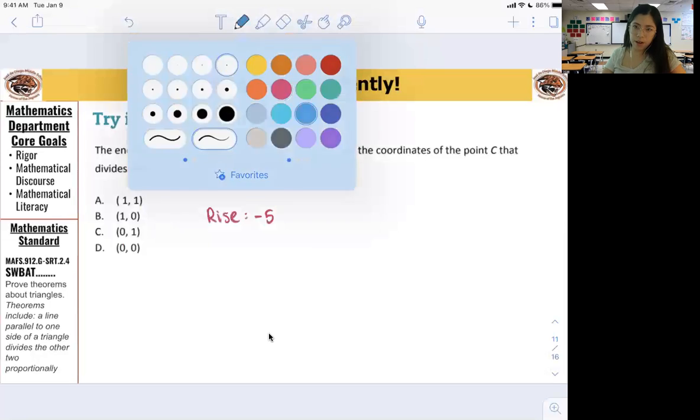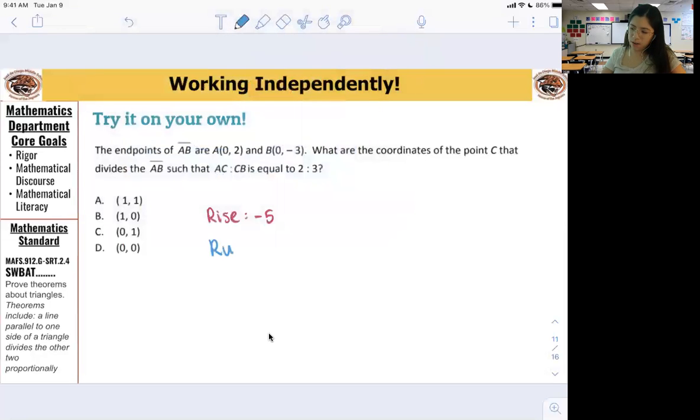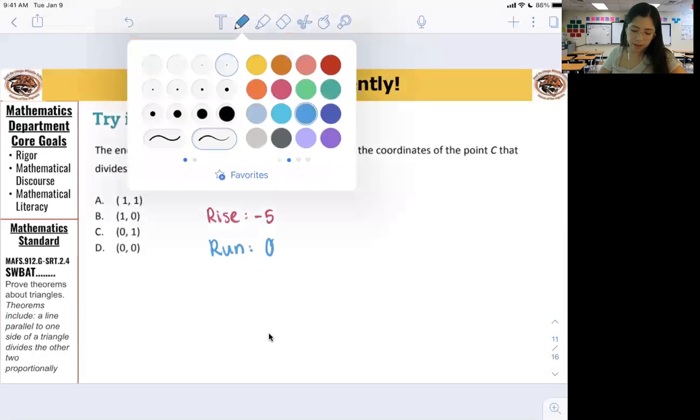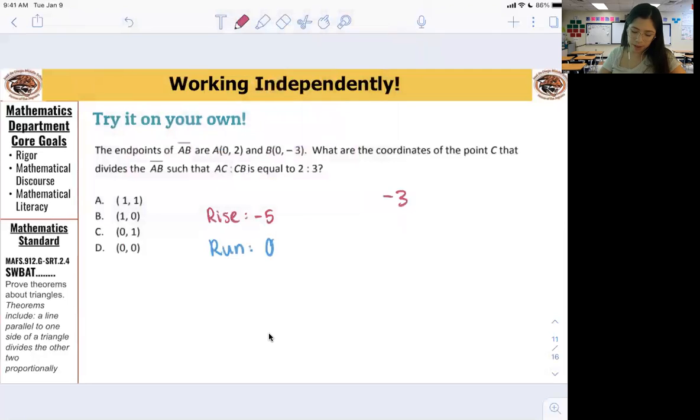Run? Zero. Careful with the rise, you guys, because the rise was -3 minus 2. -3 minus 2, that's how we got -5. So if you got something different, then that probably would have led to an incorrect answer. So questions on how I got my rise or how I got my run?